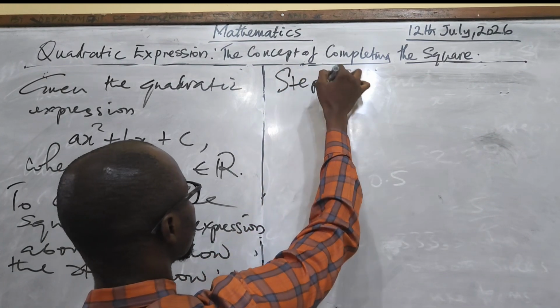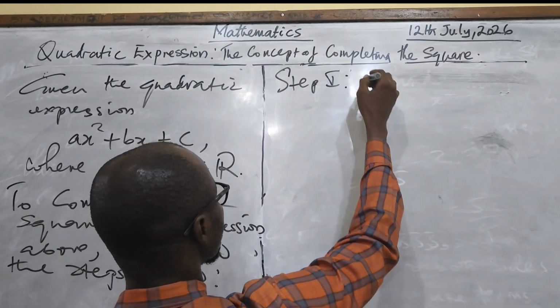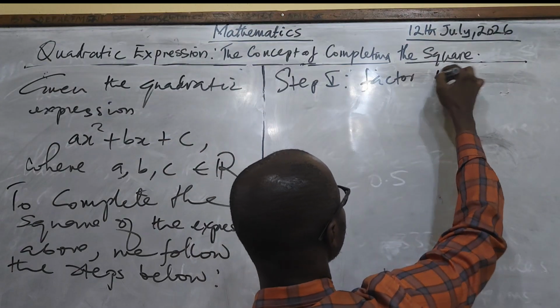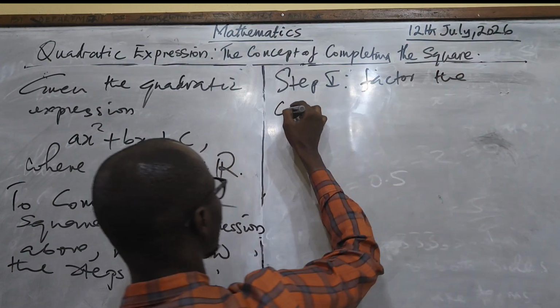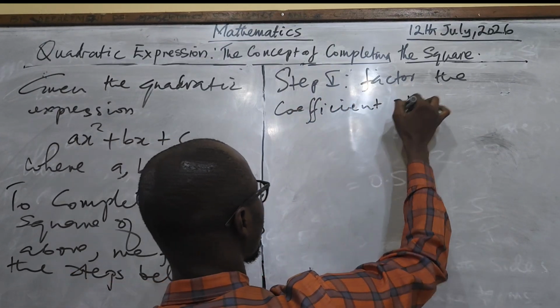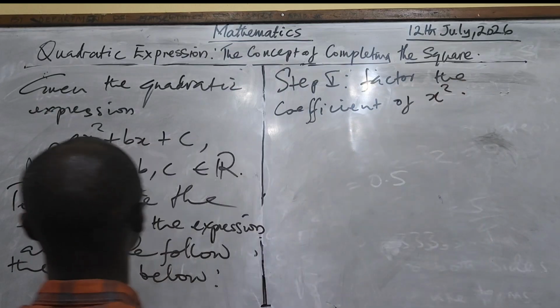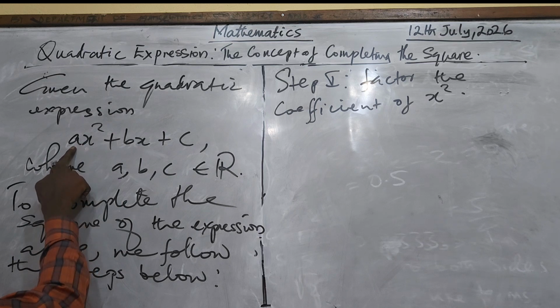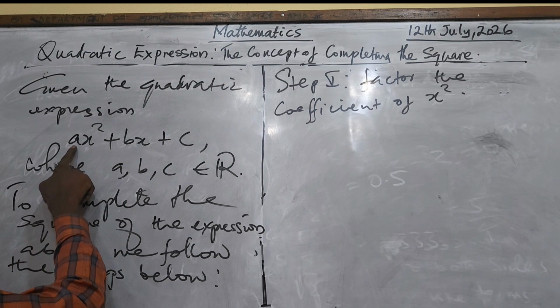Step 1. We factor the coefficient of x squared out. So the coefficient of x squared here is a, so I'm going to factor out a.